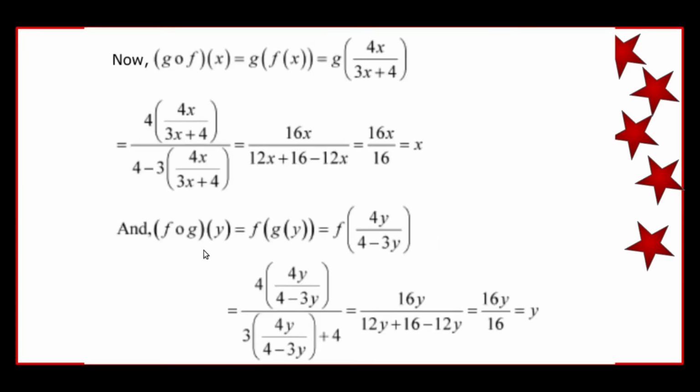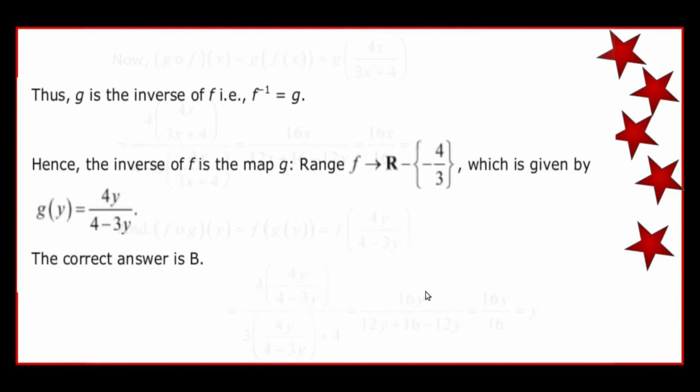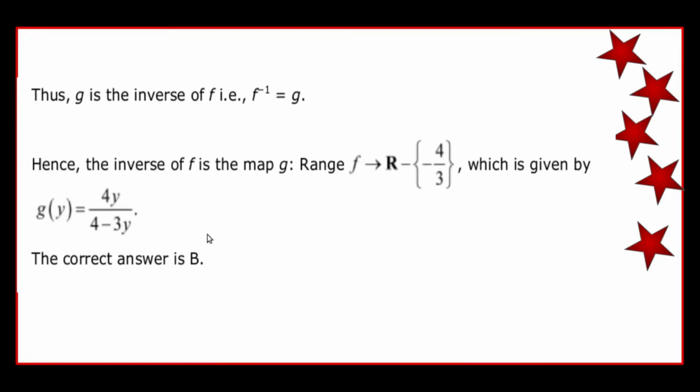Similarly, f composite g of y equal to f of g of y, that is f of 4y divided by 4 minus 3y, 4 into 4y by 4 minus 3y divided by 3 into 4y by 4 minus 3y plus 4. Simplifying, we get y. So g composite f of x is x, f composite g of y is y. So f inverse exists and f inverse is g of y, which is equal to 4y divided by 4 minus 3y. So the correct answer is B.